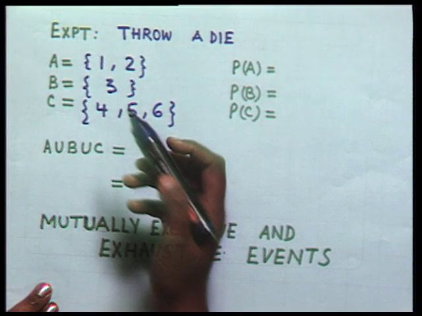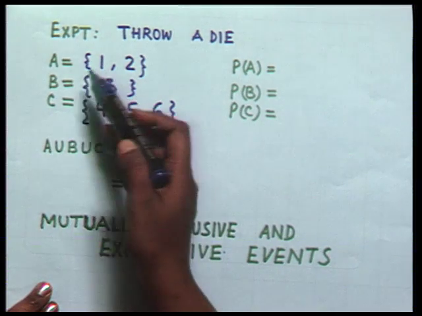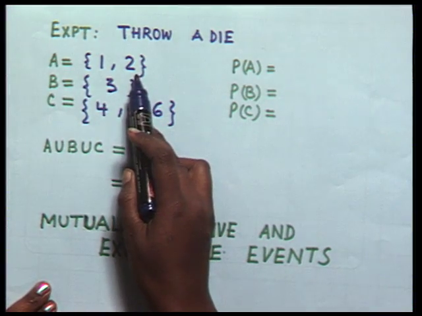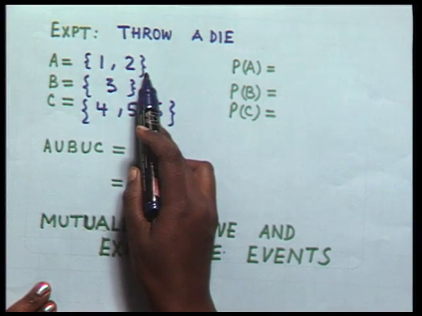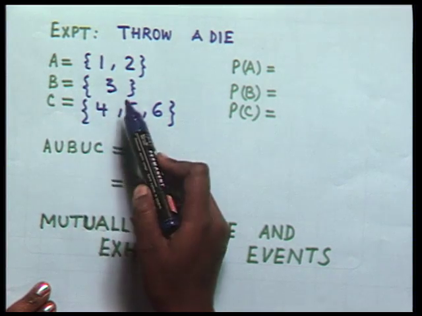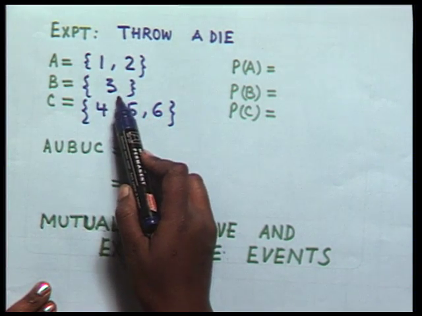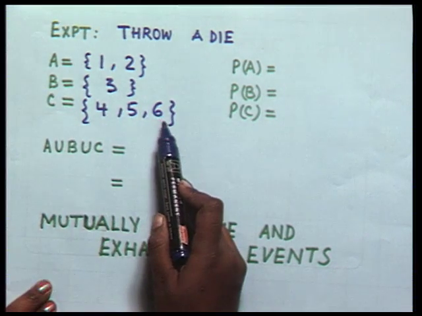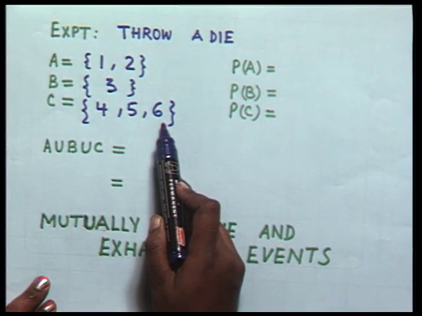Consider another example. Throw a die and observe the number shown on it. Event A is defined as getting a number which is less than 3, event B as getting a number equal to 3, and event C as getting a number greater than 3.